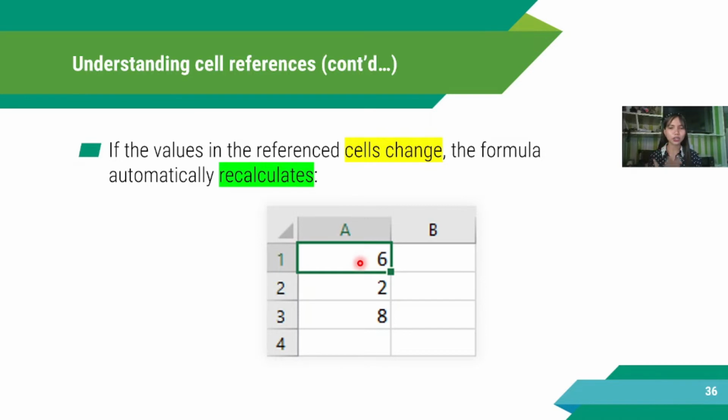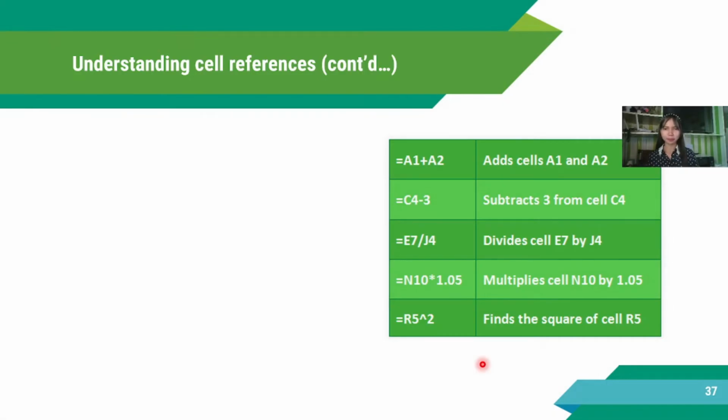If i-change ito ang isa ka value, automatic na mo recalculate ni siya ang iyang total. But if fixed na to na siya, 6 plus 2, then 8, then i-change na to ni siya into 10, dili siya ma-change. That is why better siya if mag-cell referencing ta class.